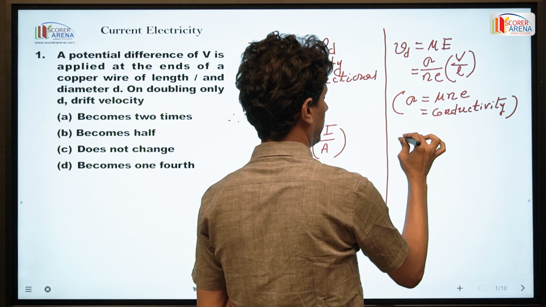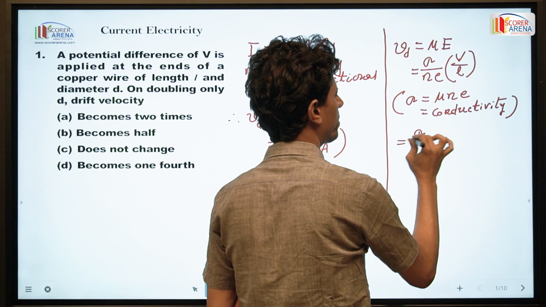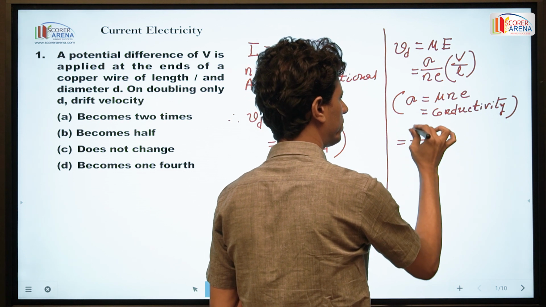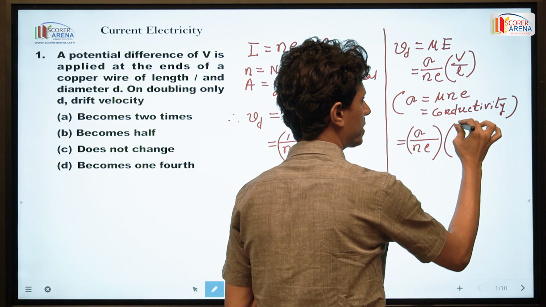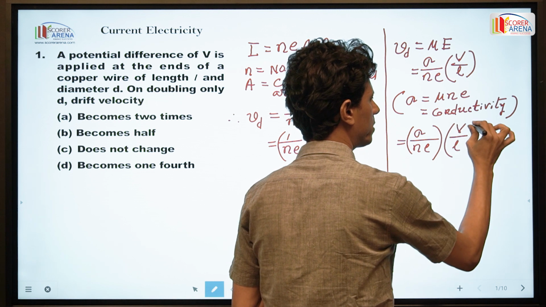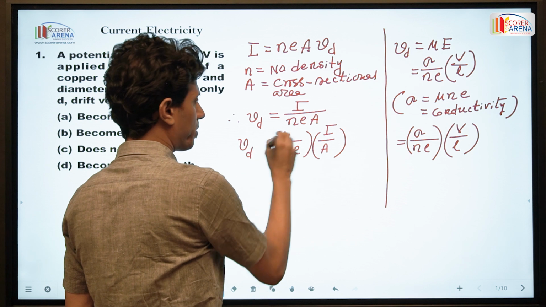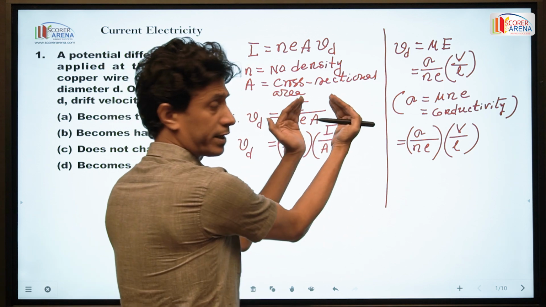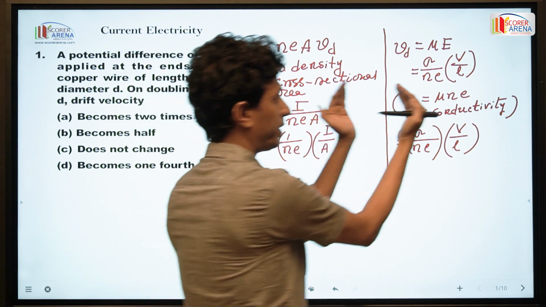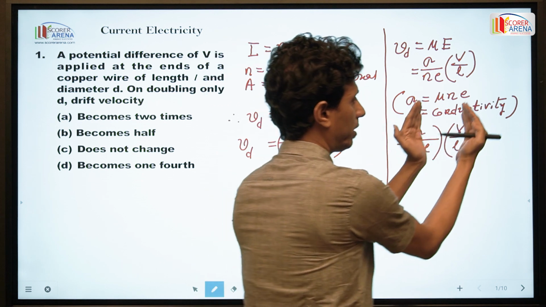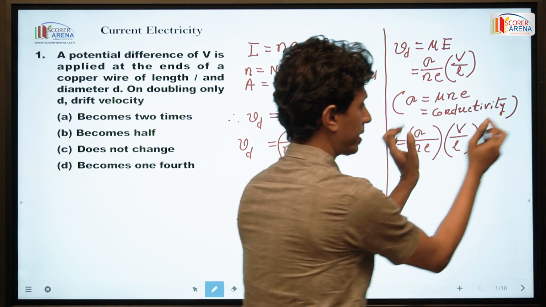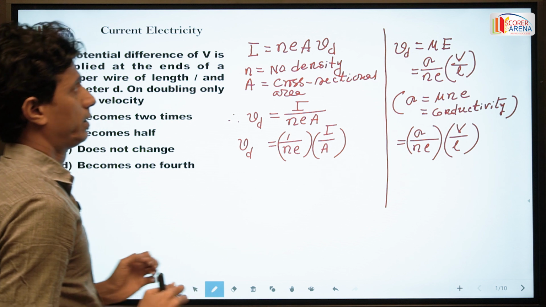So vd can be written as sigma by n e, one term, and the other part is V by L. So here vd equals 1 by n e times electric current by cross sectional area, and vd is equal to sigma by n e times potential difference across the conductor by length of the conductor.